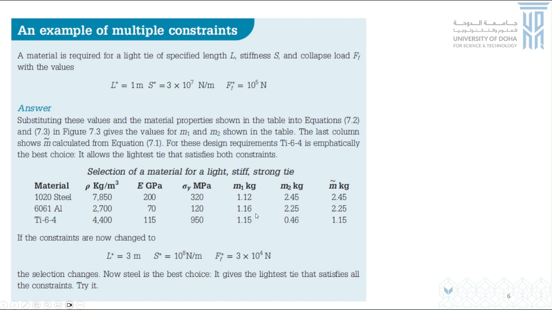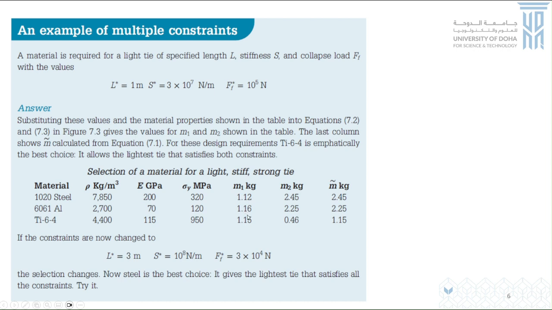Notice that if your objective was only to minimize the mass based on stiffness consideration, then steel is performing the best, isn't it? 1.12 is the lowest mass. So steel would be the ideal candidate if you only had a single constraint on the stiffness, and the material index was simply based on that.